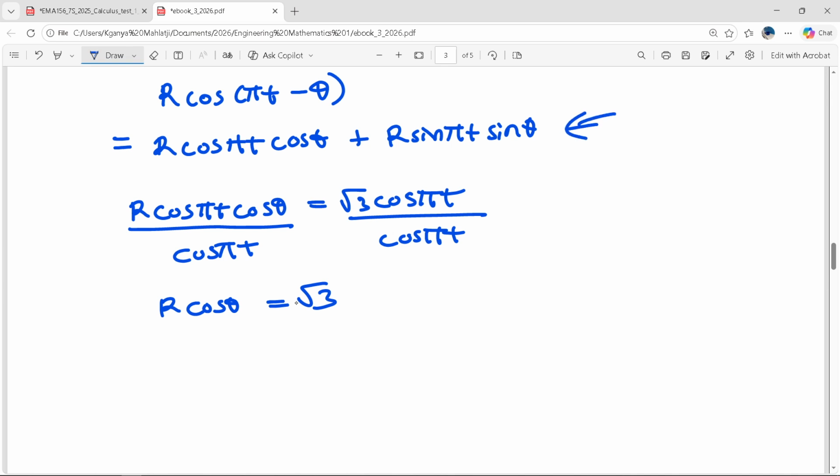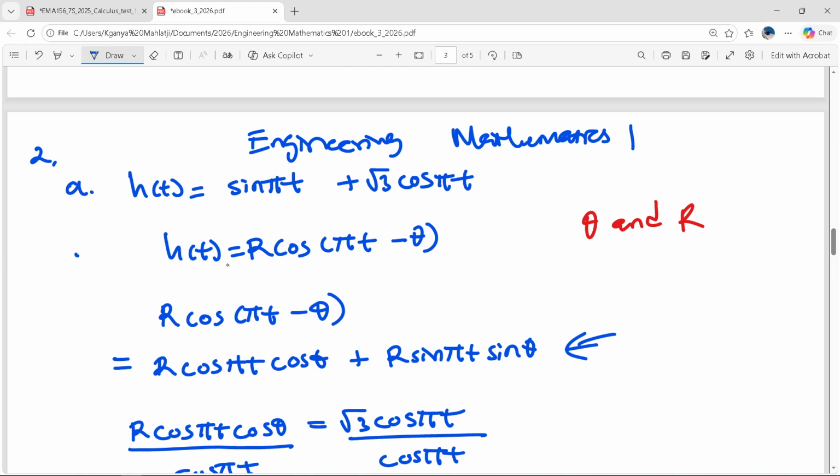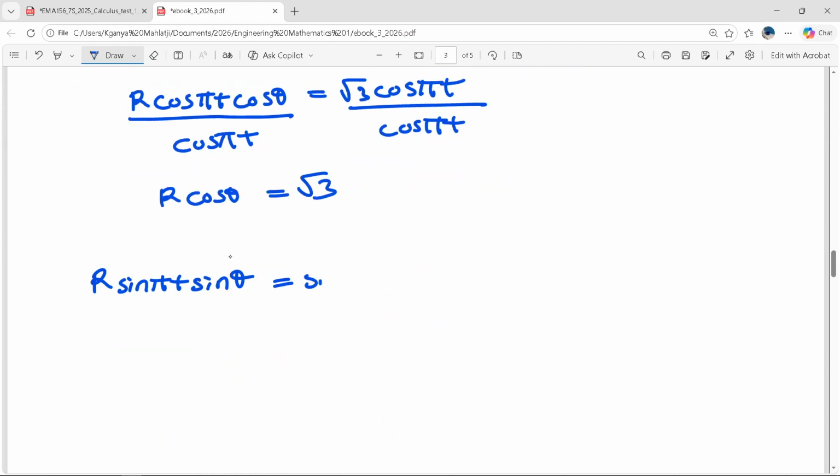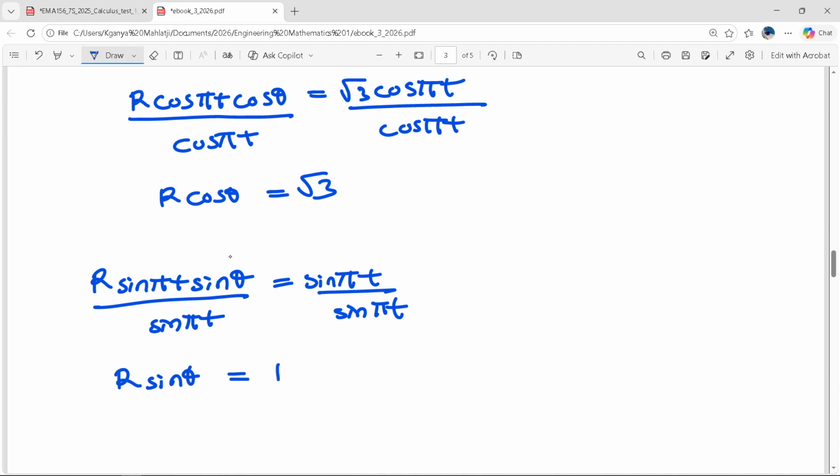Therefore you're going to say r sin pi t sin theta equates to sin pi t. Then here you can divide both sides by sin pi t. Therefore r sin theta equals 1.